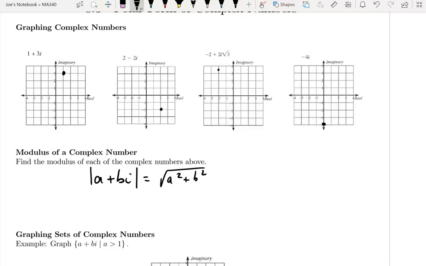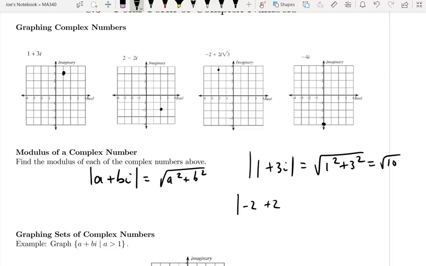So not to do all of them, but if I did the first one, and I want to do the modulus of 1 plus 3i, that would be square root of 1 squared plus 3 squared, which gives me square root of 10. Notice when you do the modulus, you do not put the i with it.